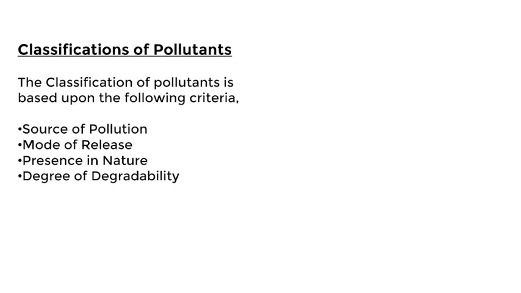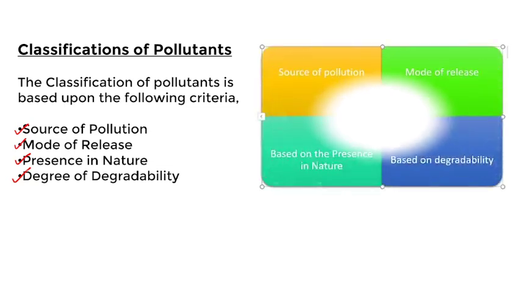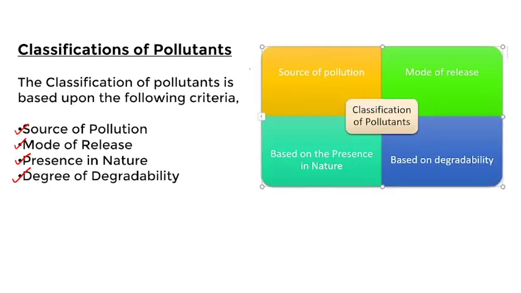So the classification of pollutants is basically on four criteria: number one, source of pollution; number two, mode of release; number three, presence in nature; and number four, degree of degradability. Now, if I say source of pollution, this is a very important factor in today's study of pollutants.